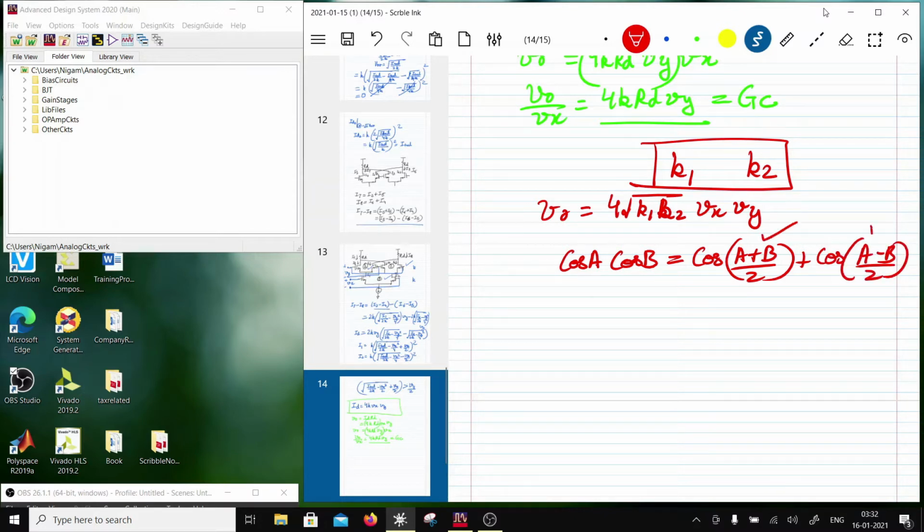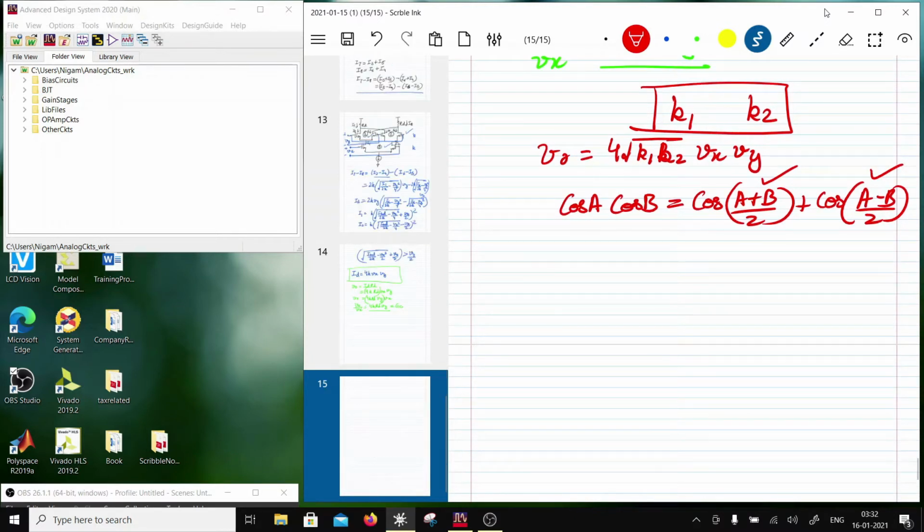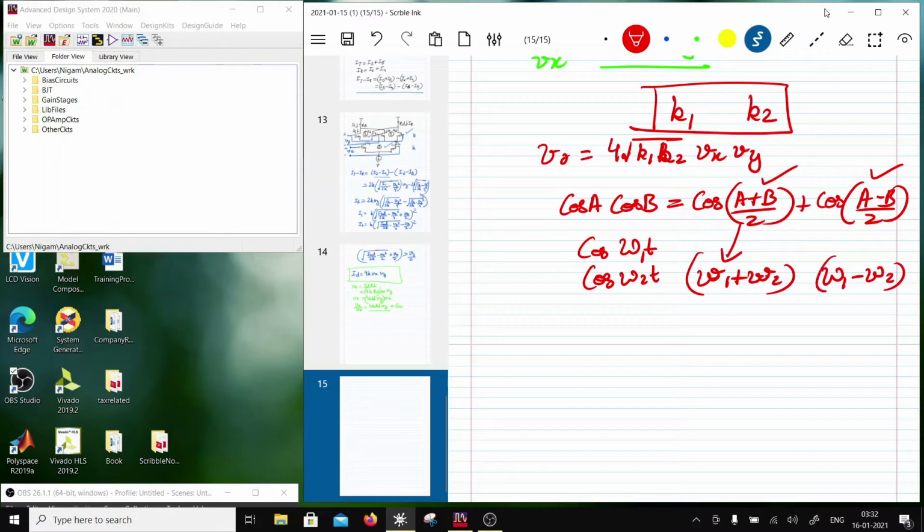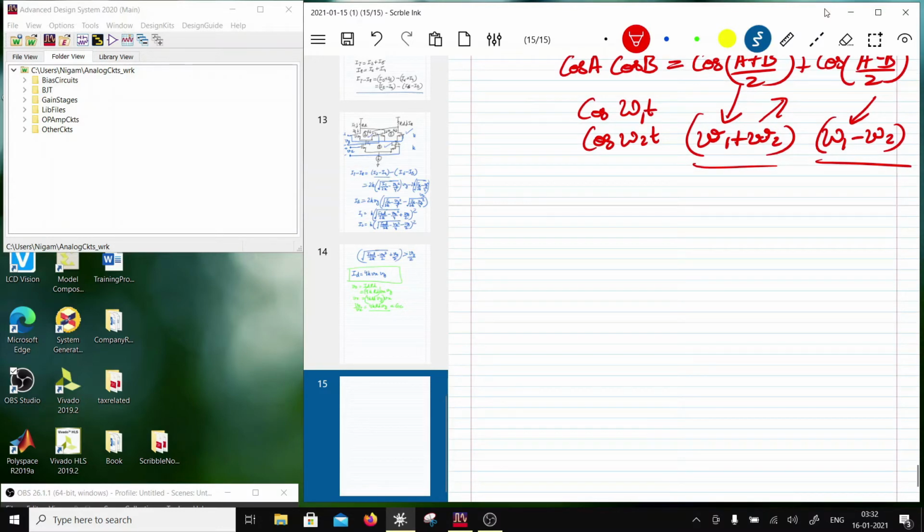So if there are two frequencies, let's say cos of omega 1 t and cos of omega 2 t, then one term will give you omega 1 plus omega 2, and the other will give you omega 1 minus omega 2. So basically you can either up convert or down convert. That's how the mixer is used. It is based on multiplication.